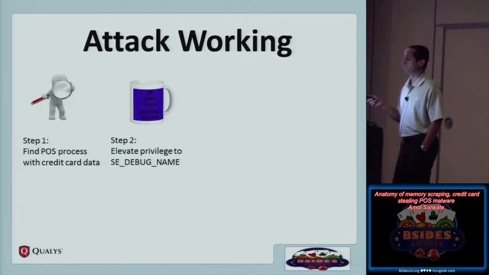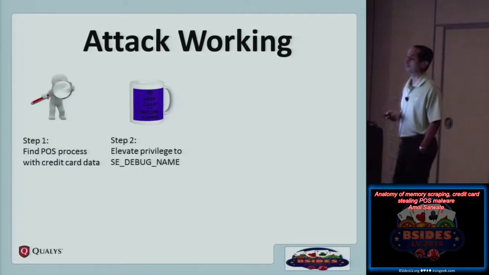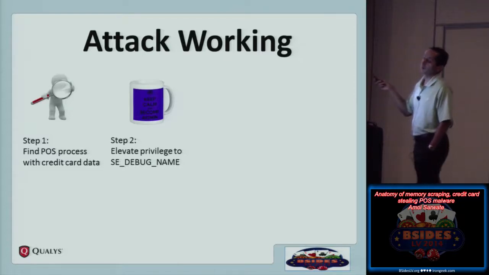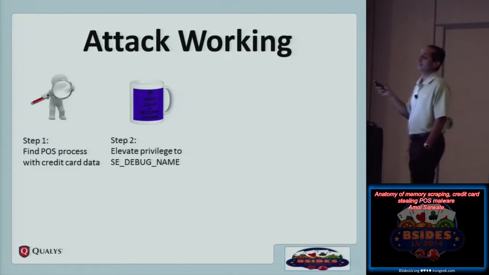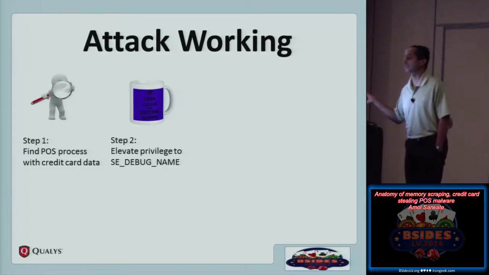Most Windows machines are run with administrative credentials. I have yet to meet a person who says that they really don't use admin accounts. So if the malware is able to elevate its own privileges to SeDebugName, then it can basically attack and attach to other processes.